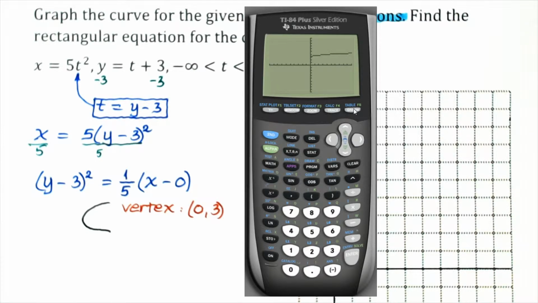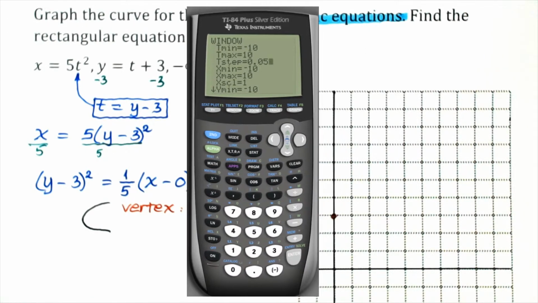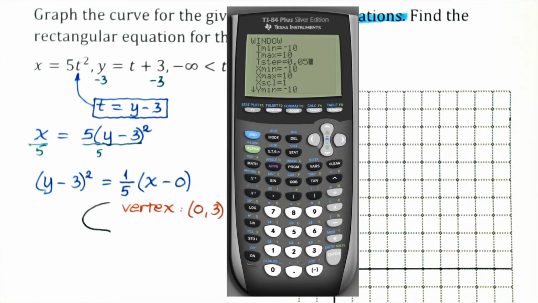Of course that may or may not be what we want. So we're going to hit window. We see that t goes from 0 to about 2 pi. Let's change that from -10 to 10, and this time we go very slow. So let's use the step to be 0.05, and when it graphs very slowly we can see the orientation of the parabola.